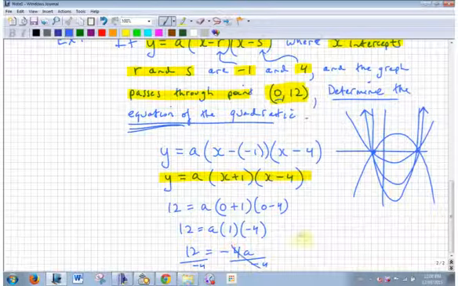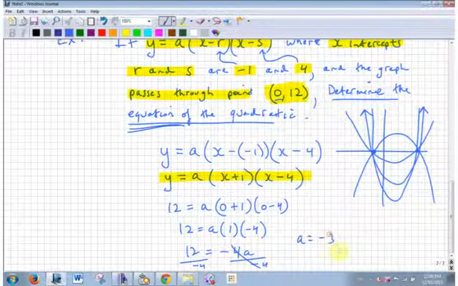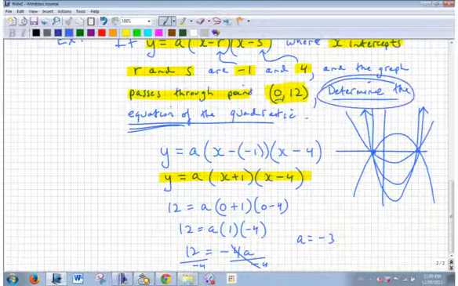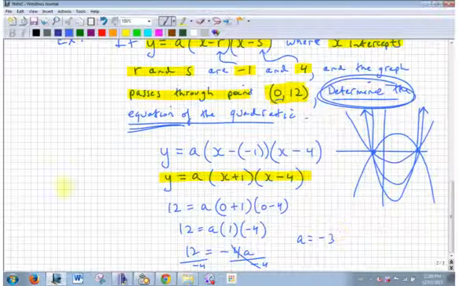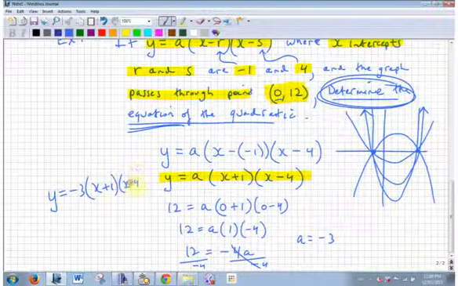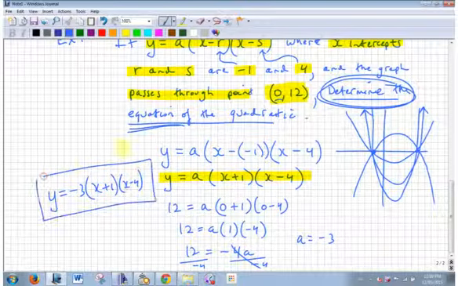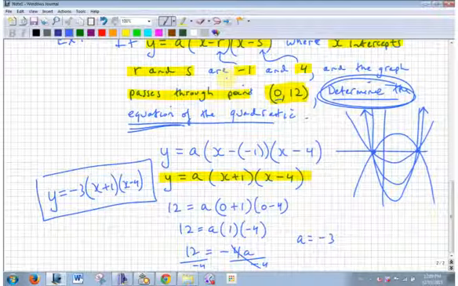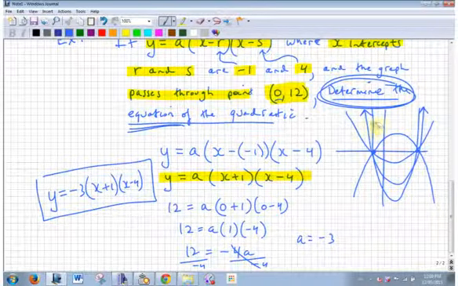What's A? A is negative 3. So I didn't answer the question. I want the equation. So the equation is y is negative 3, x plus 1, x minus 4. That's the equation of this particular quadratic. So it actually does go upside down.